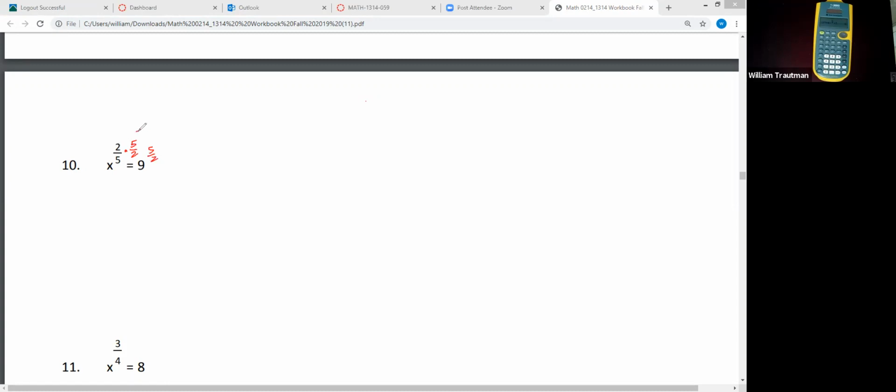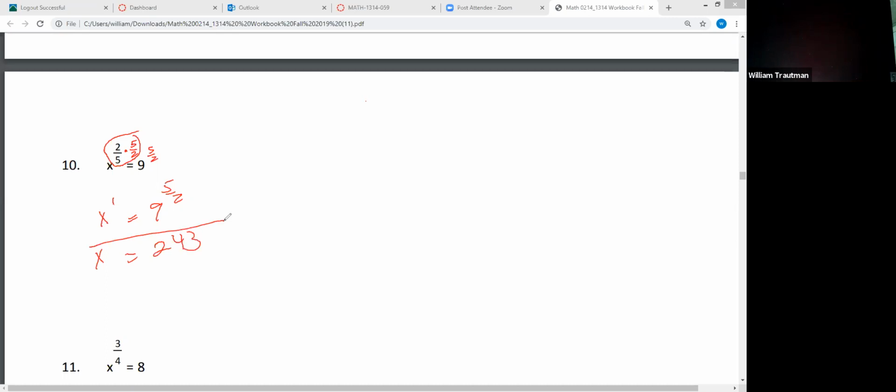If you look on your calculator, 2/5 times 5 over 2 equals 1. X to the 1 power is just x. Put 9 to the 5 over 2 power on your calculator, 9 raised to the fraction 5 over 2. You should get 243. And that's the answer.